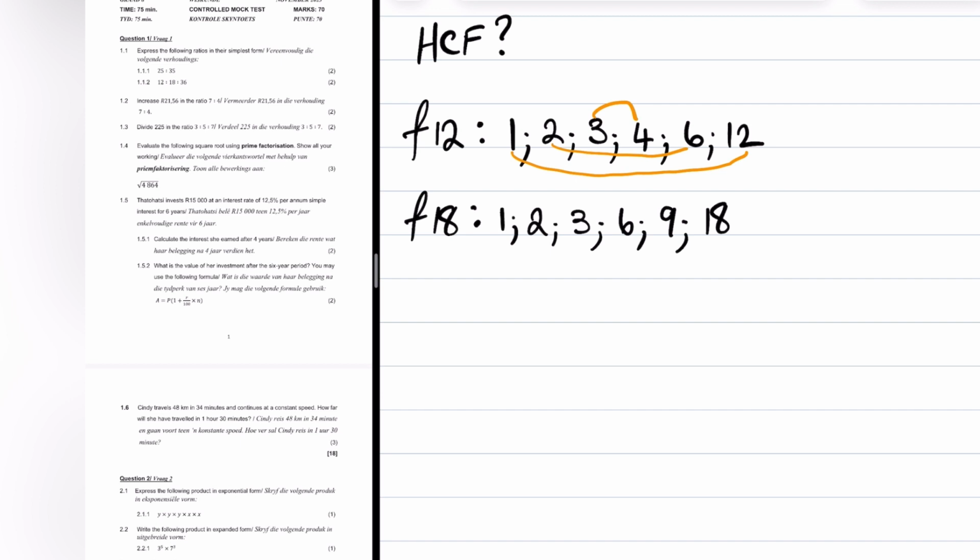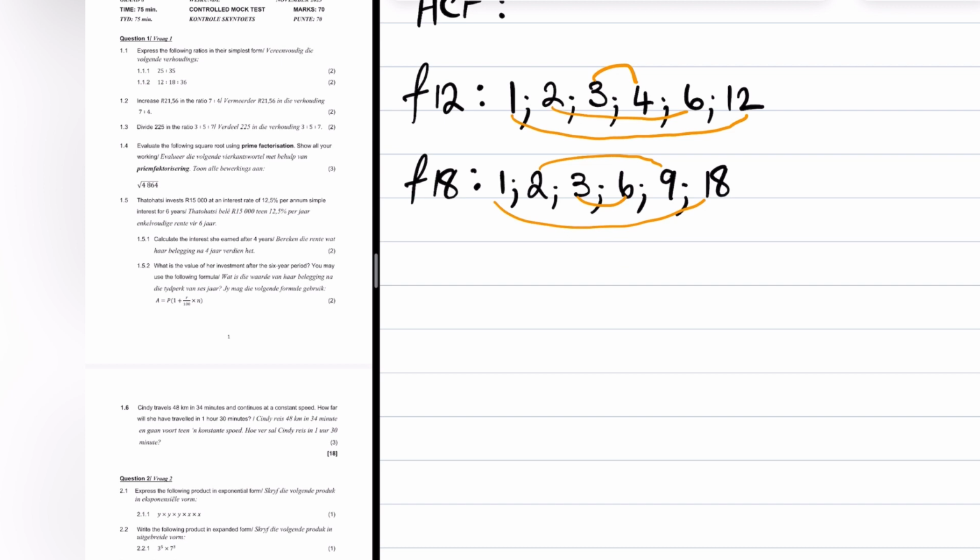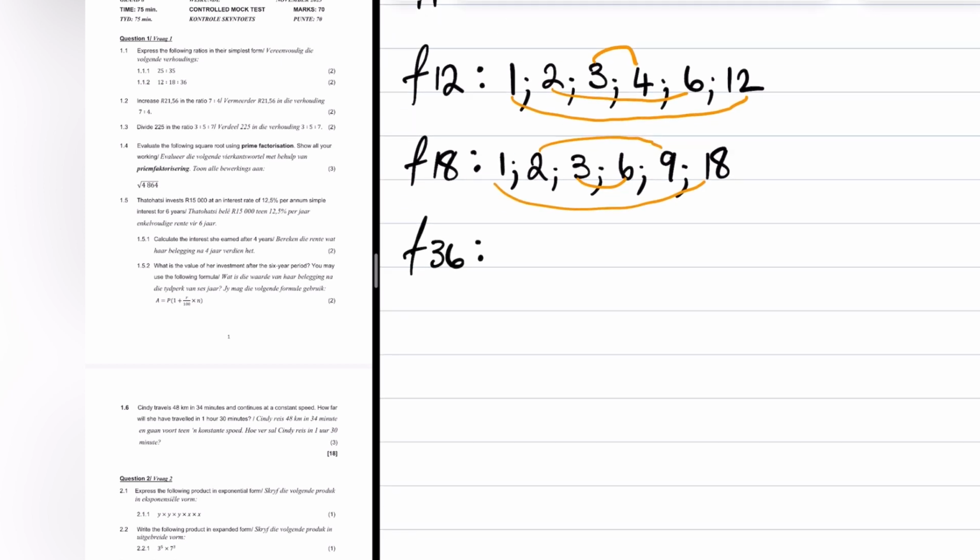The same with 18. We've got 1 and 18, which gives us 18. 2 and 9, which gives us 18. And 3 and 6 gives us 18. So just a side note there. Then the factors of 36. We've got 1. We've got 2, 3 can go into 36, yes it can. 4 can go into 36 because 9 times 4 is 36. 5 not, 6 can because 6 times 6 is 36. 7 not, 8 not, 9 can divide into 36.